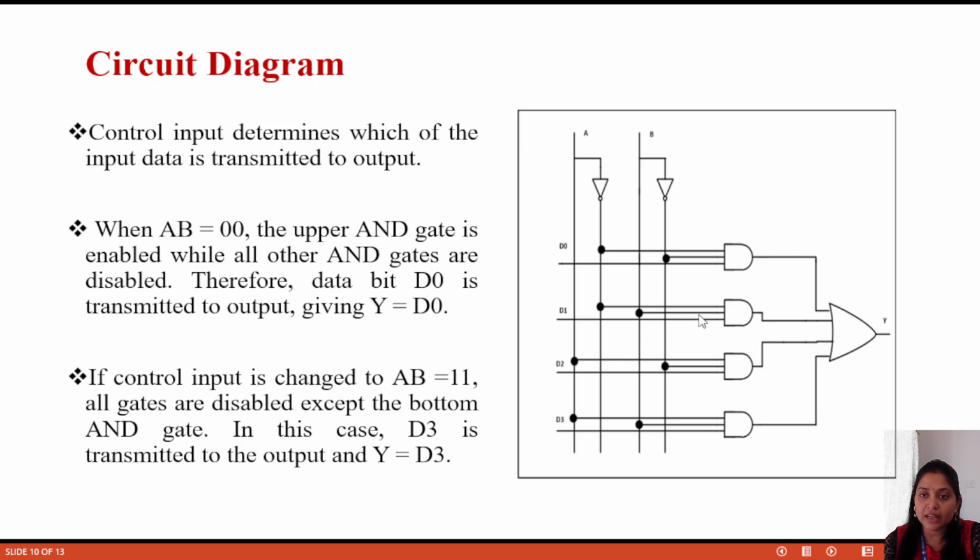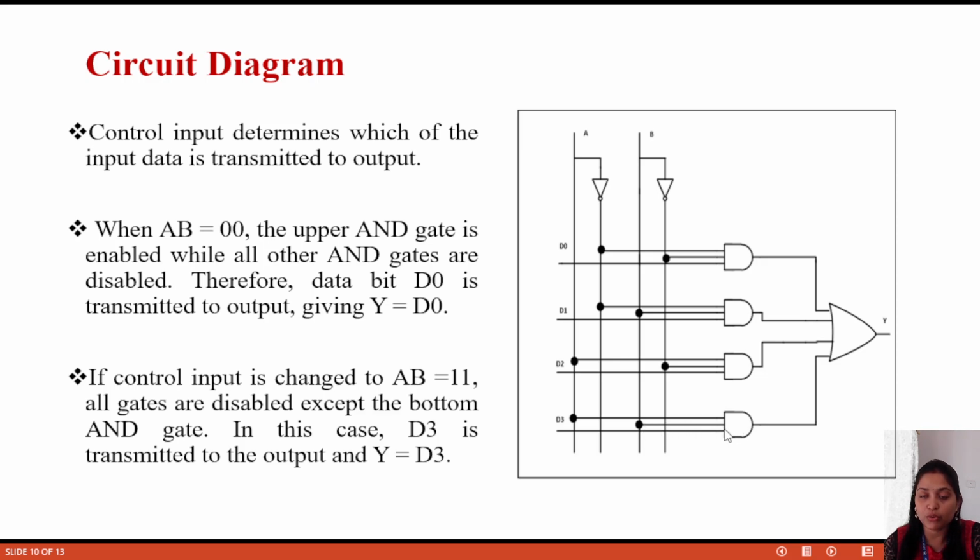In the other AND gates, if I consider this one, D3 is one input, but the other input is connected to B. At that moment B and A are both 0, so passing this to the AND gate, the output will be 0.